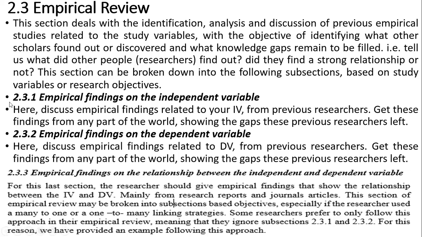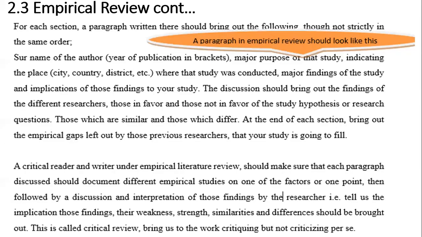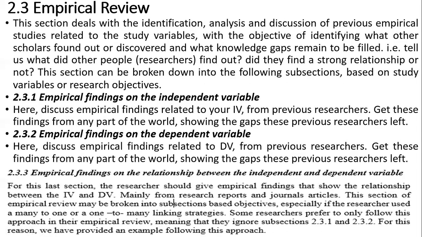If that is the approach you used, your empirical review section will be broken down into 3 major subsections. The first subsection will present empirical findings on the independent variable, which is the variable in the first objective. And the second subsection will present empirical findings on the dependent variable, which is the variable in objective 2.